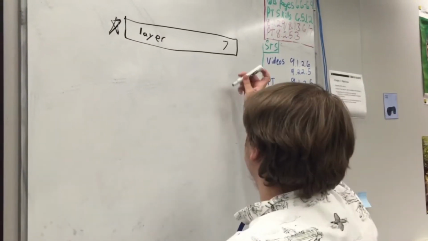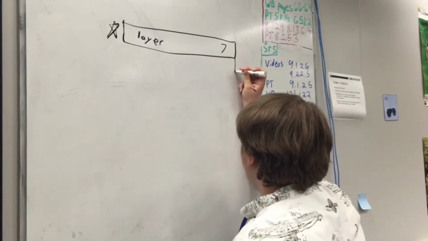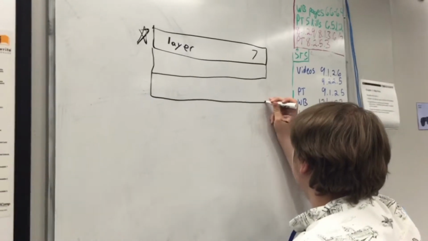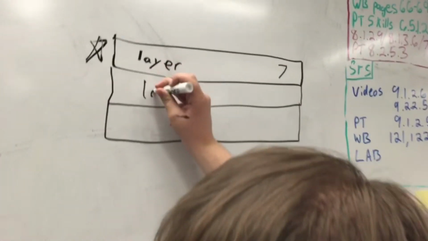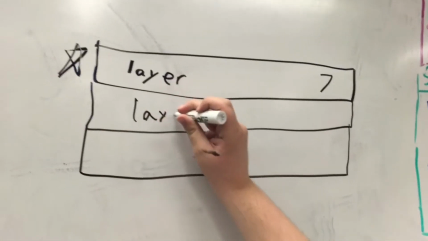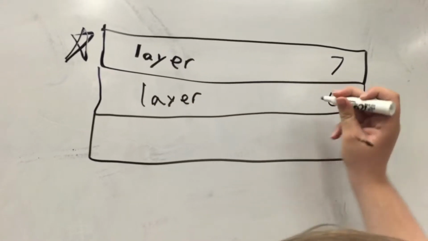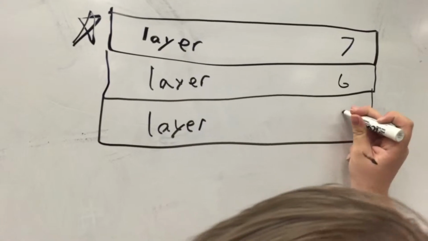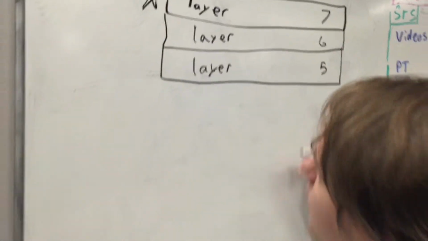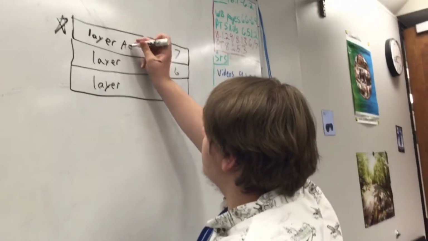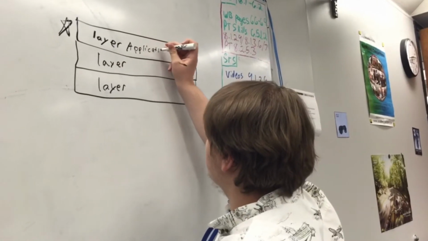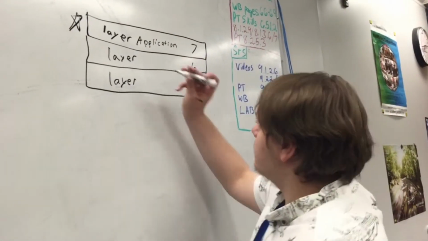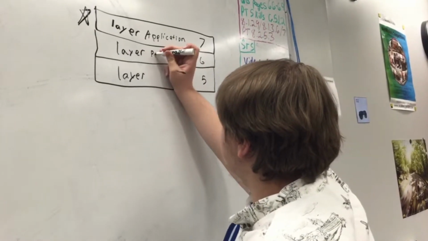And coming with layer 7 comes, I like to call, 2 sub-layers. Layer 6 and layer 5. Now, if layer 7 is application, layer 6 is presentation.